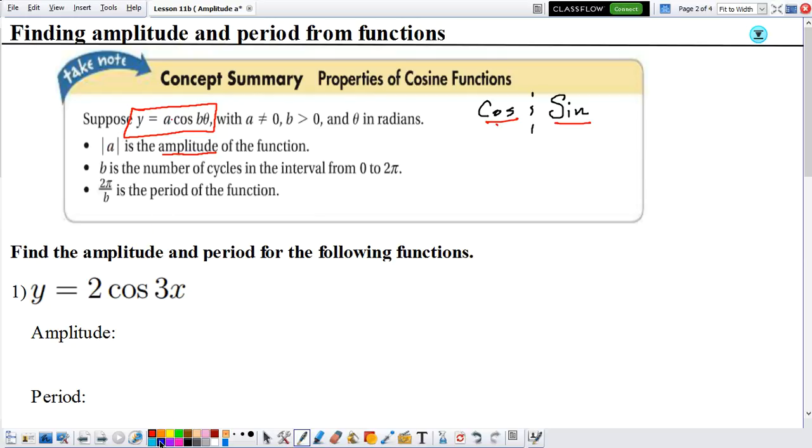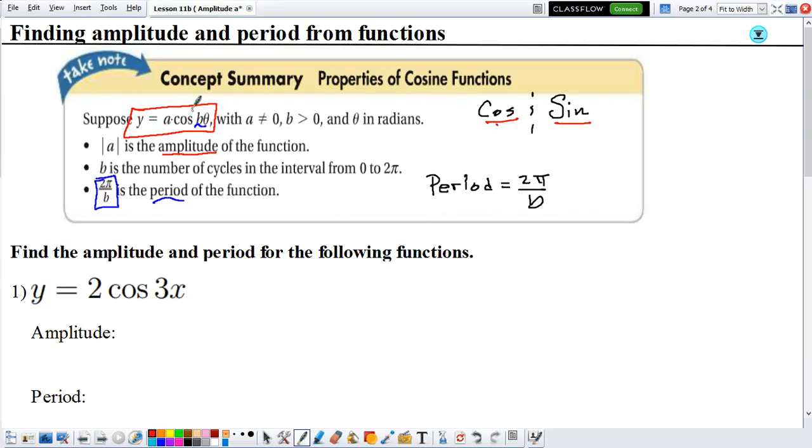And here, the number that is inside the cosine function, which is b, we're going to use that to find the period. Because if we want to find the period, we're always going to use 2 pi over b. So let me write down here on the side, the period is always going to be 2 pi over b.